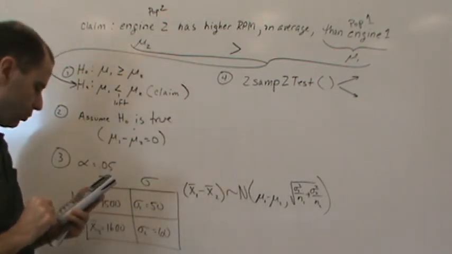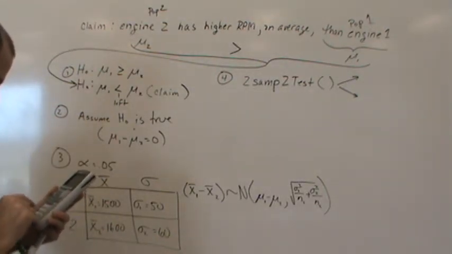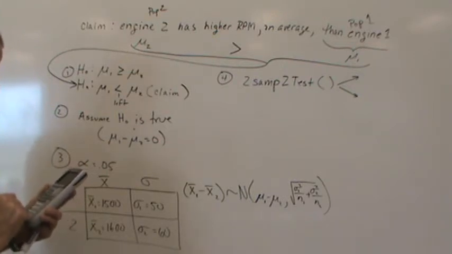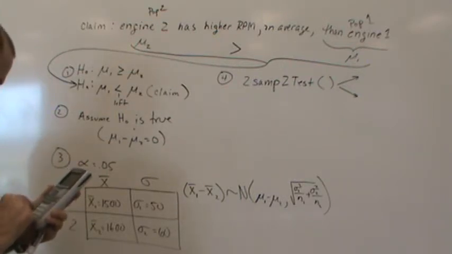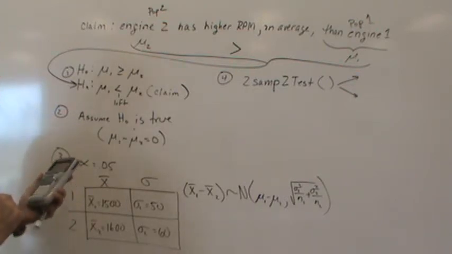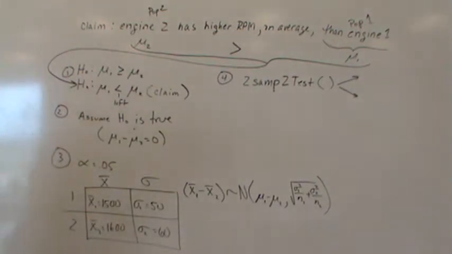And I'm using stats. So what are the stats? Sigma 1 is 50. Sigma 2 is 60. X bar 1 is 1500. N1 is what? They took 30. Let me go back to the problem. 30 engines are randomly assigned to be tested.